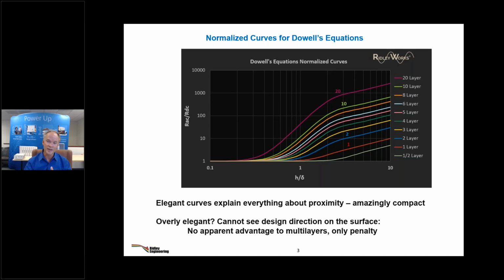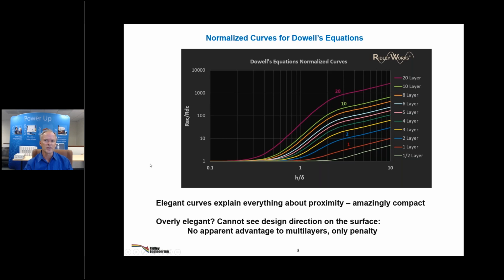It misses the point that when the layers go up, the copper thickness goes up, so the DC resistance goes down. But on this curve here, the low frequency part of the curve doesn't show that coming along. So perhaps that is a way that sort of obscures these curves a little bit. And it's very difficult if you're just starting, if you haven't had curves explained to you, how you're going to manipulate these curves and make them do what you want them to.